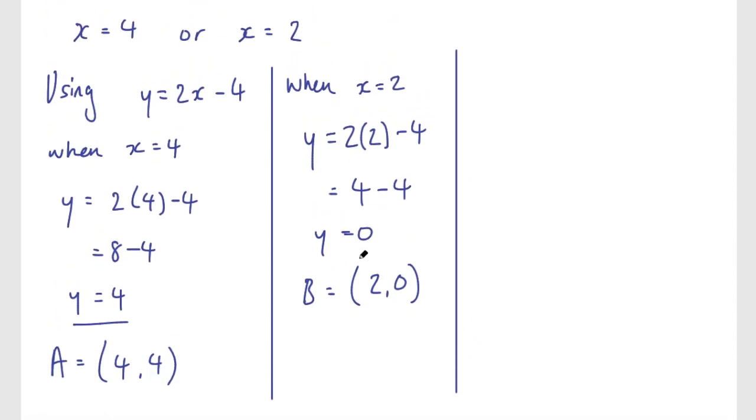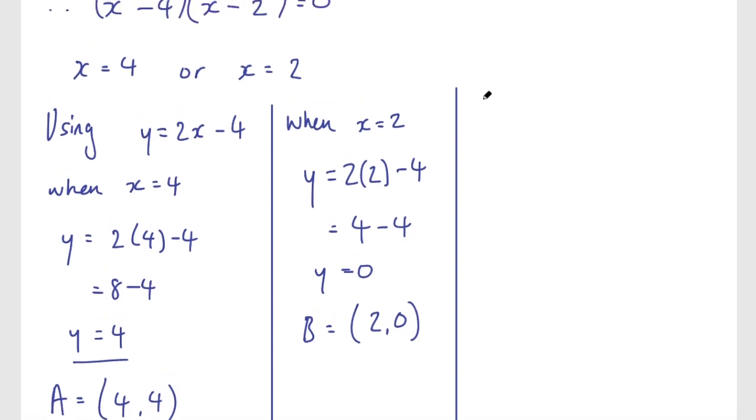And then to find the distance between 2 points when you're given coordinates, you need the distance formula. So the distance equals the square root, hopefully you've seen this before, the square root of x2 minus x1 squared plus y2 minus y1 squared.